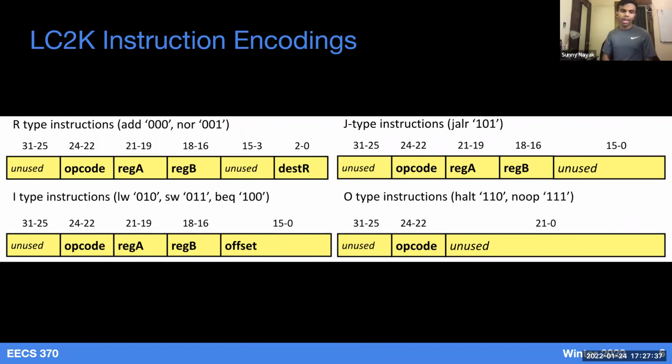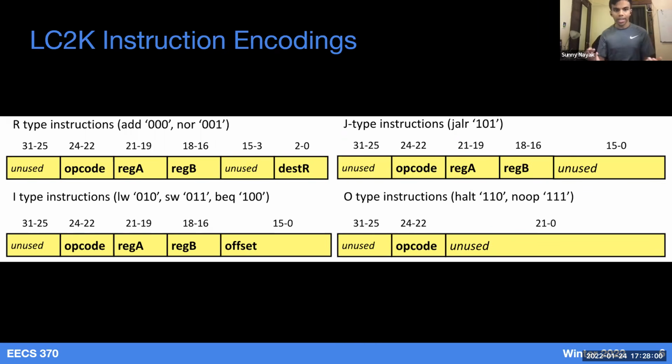And so for LC2K, the size of each instruction that was determined beforehand is 32 bits. Each instruction is 32 bits, regardless of which opcode it is. So what matters is, where do we encode the parts of the instruction within those 32 bits that I have?